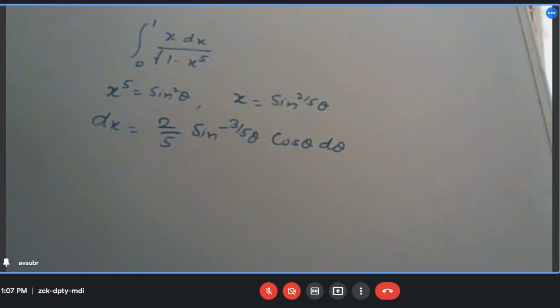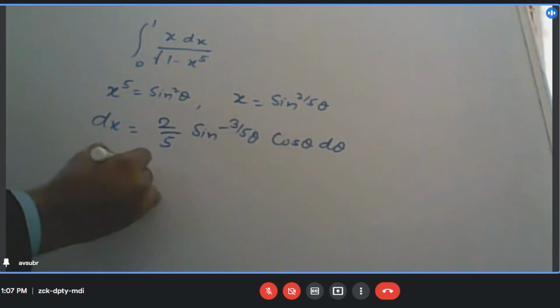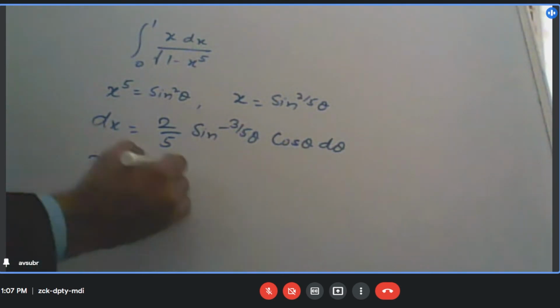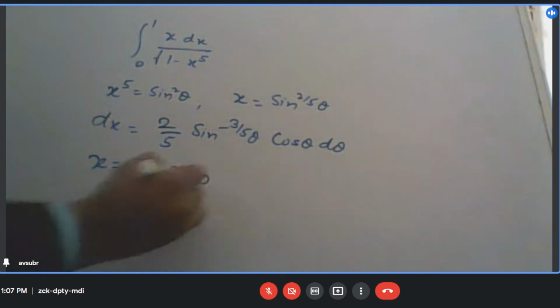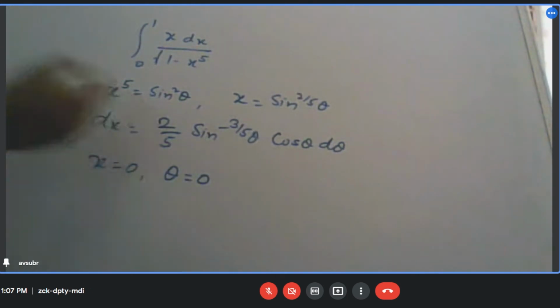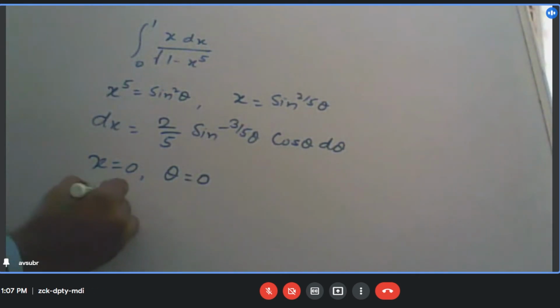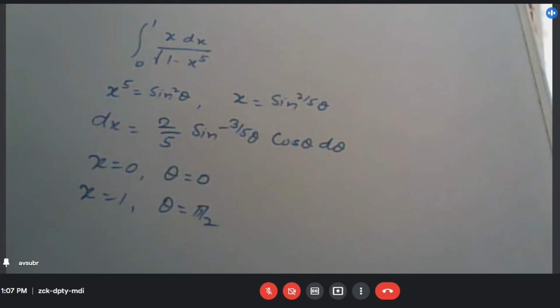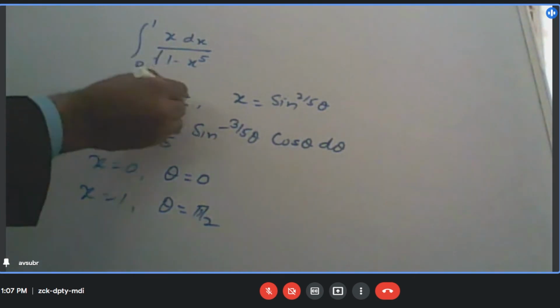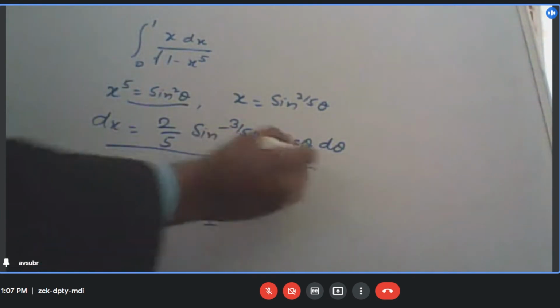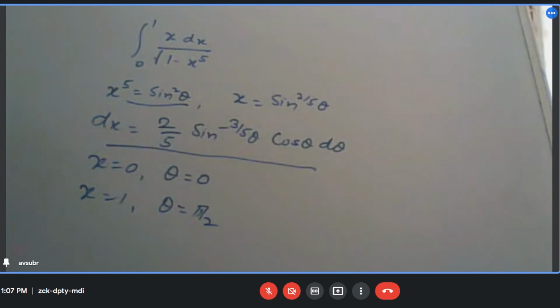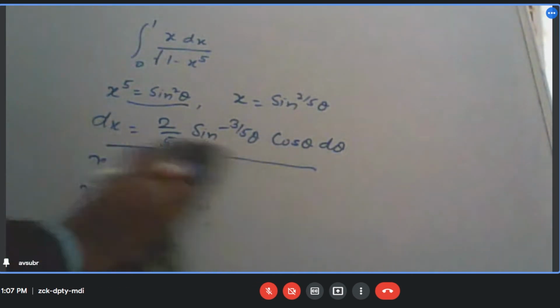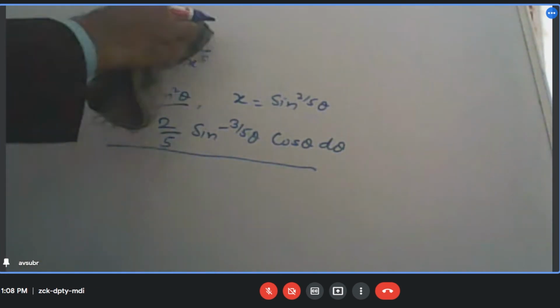Yes, sir. Now when x is equal to 0, then theta is also 0. And when x is equal to 1, theta is equal to pi by 2. Right? So the limits will change, and we shall put the value of x and the value of dx in this particular integral.